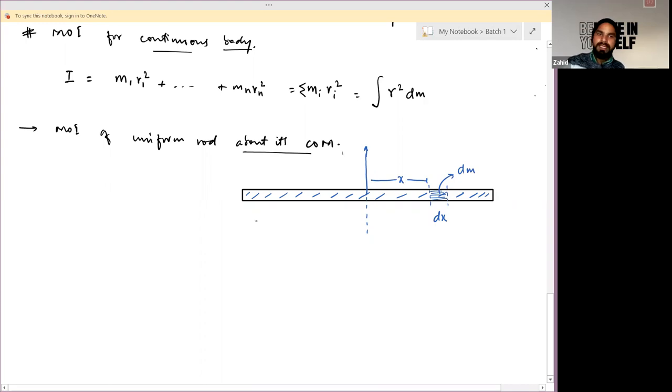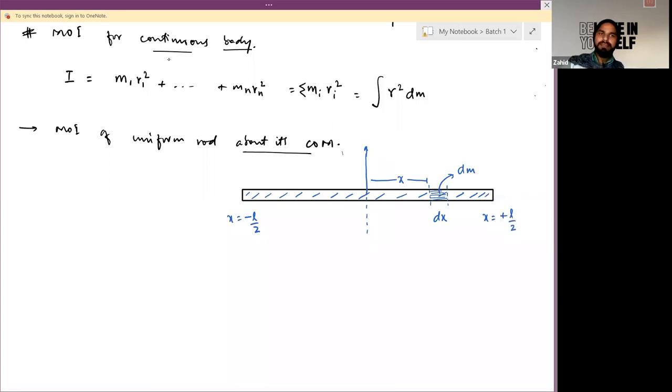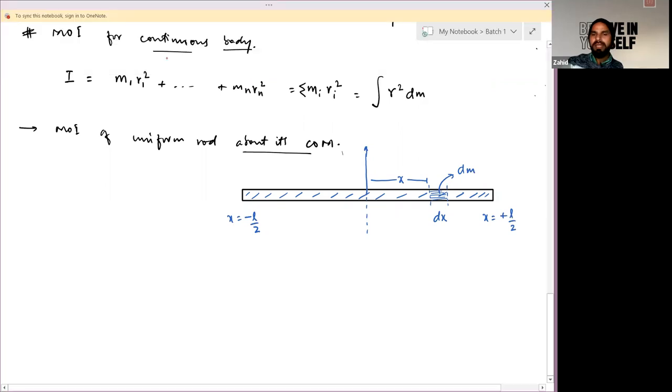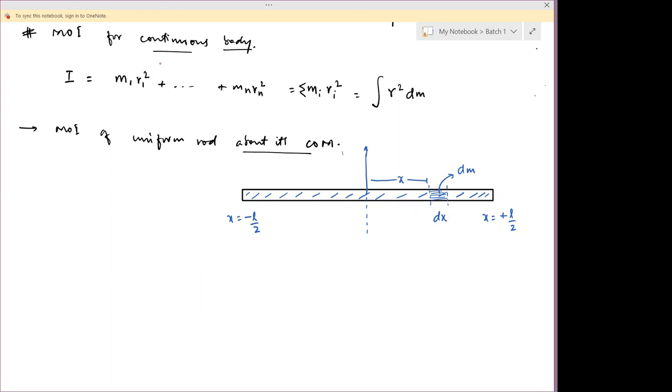And now this x will extend from one end, that is minus L by 2, to the other end, that is plus L by 2. Is it clear? Or do you have any doubt? Hamza, is it clear? Yes, sir.